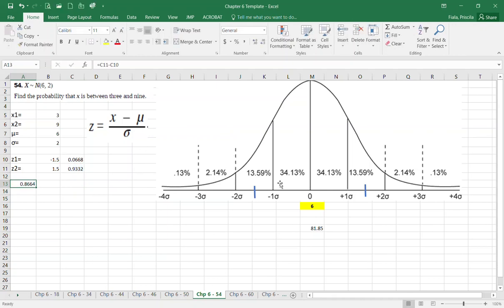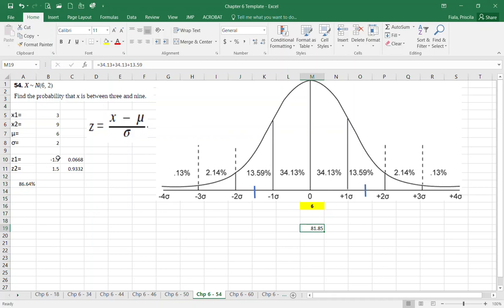And this portion right here is about 80%. Actually, it's 86.64, and as I said, if you got anything way different from 80%, you would be incorrect. Okay, and that's how you would solve problem 54.